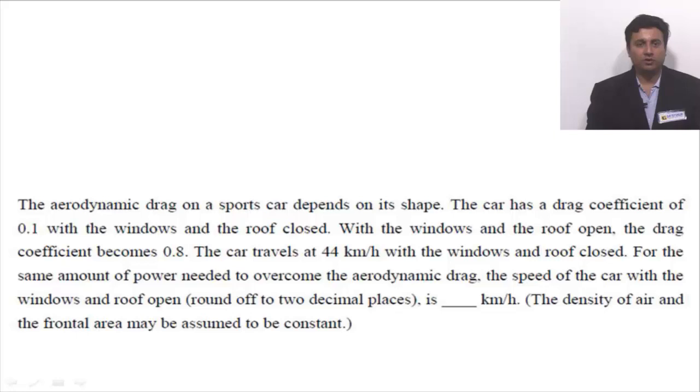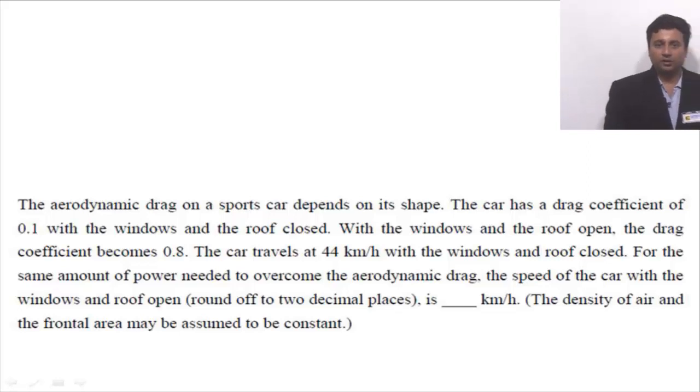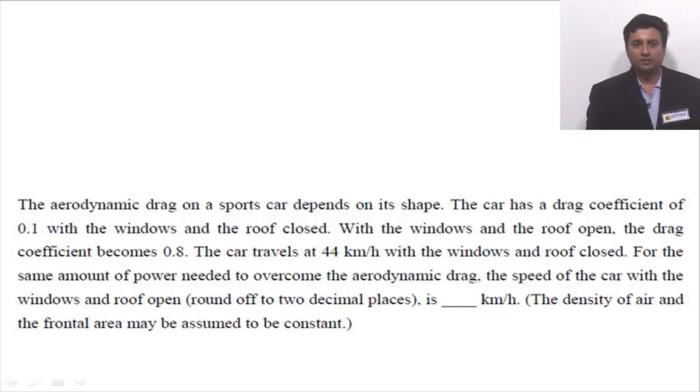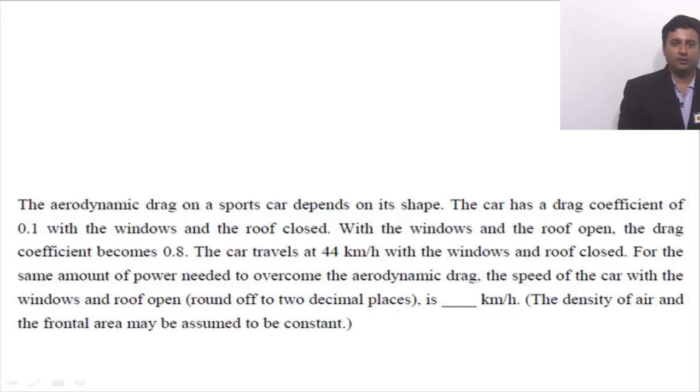For the same amount of power needed to overcome the aerodynamic drag, the speed of the car with the windows and roof open, rounded off to 2 decimal places, is dash kilometer per hour. The density of air and the frontal area may be assumed constant.